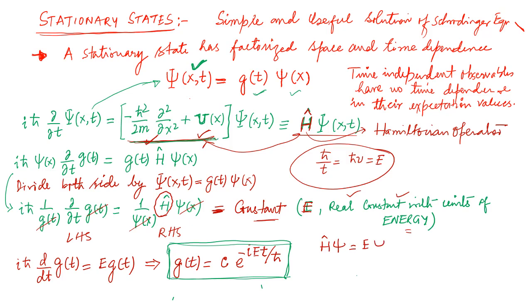So we can write it as minus H square by twice m d square by dx square plus U(x), and then I have psi x equal to E psi x.